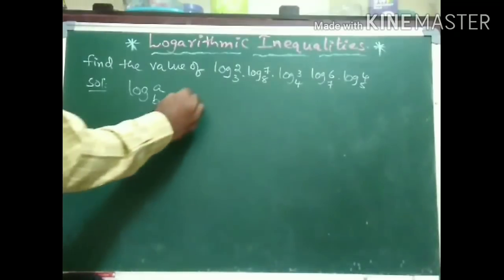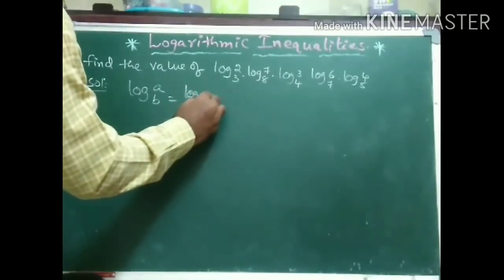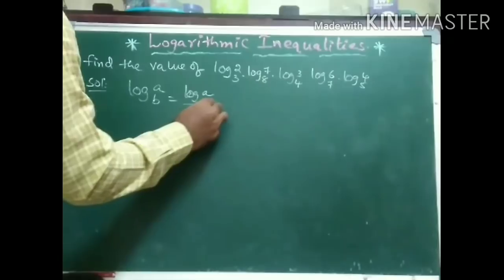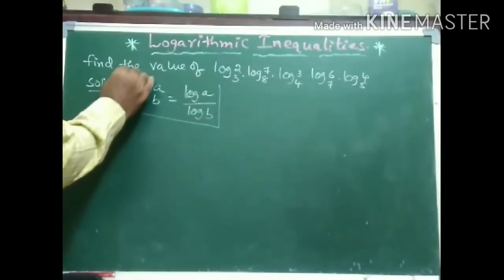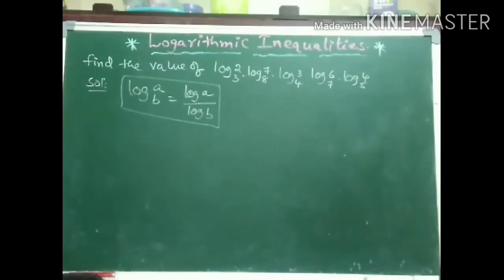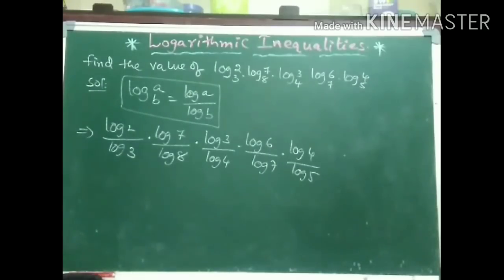Log a to the base b, we can write as log a by log b, right ma'am? So using this property we can solve this problem very easily. So let us see how we can simplify further.